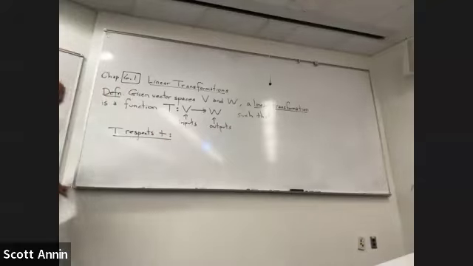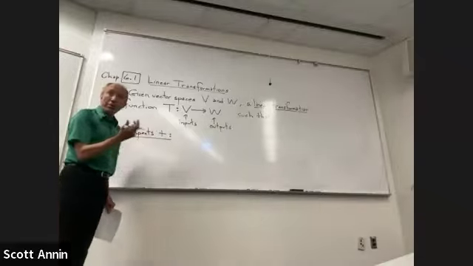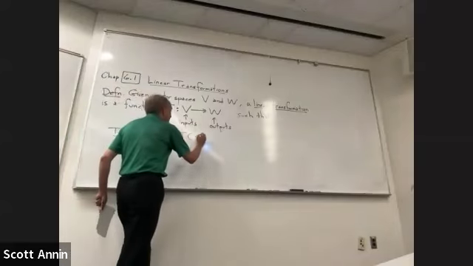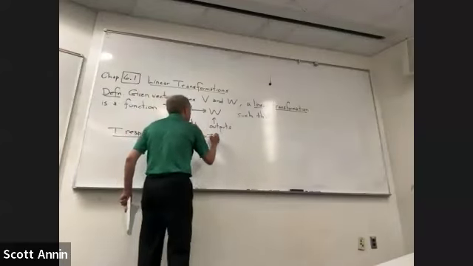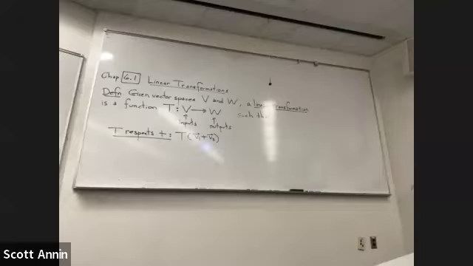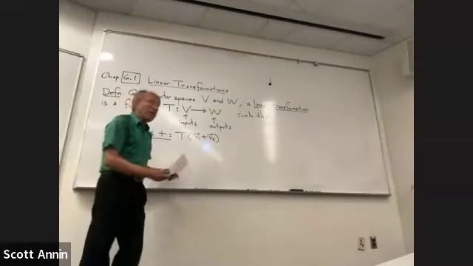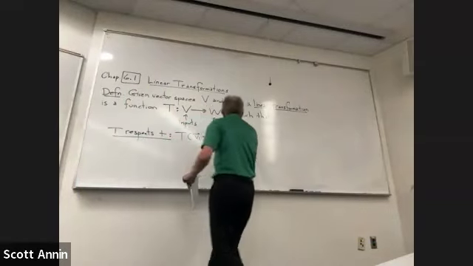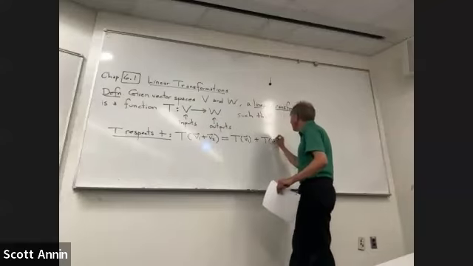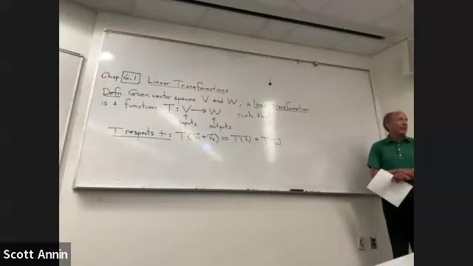The way that looks when I write it as a formula is that if I were to take T of the quantity V1 plus V2, if I wanted to add two vectors together and then plug that result into T, it should give me the same thing as if I transformed the vectors separately first and then added the results together.